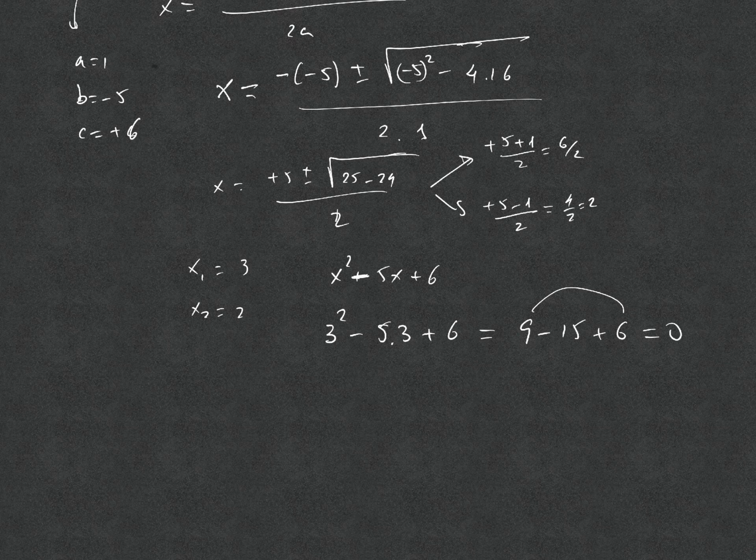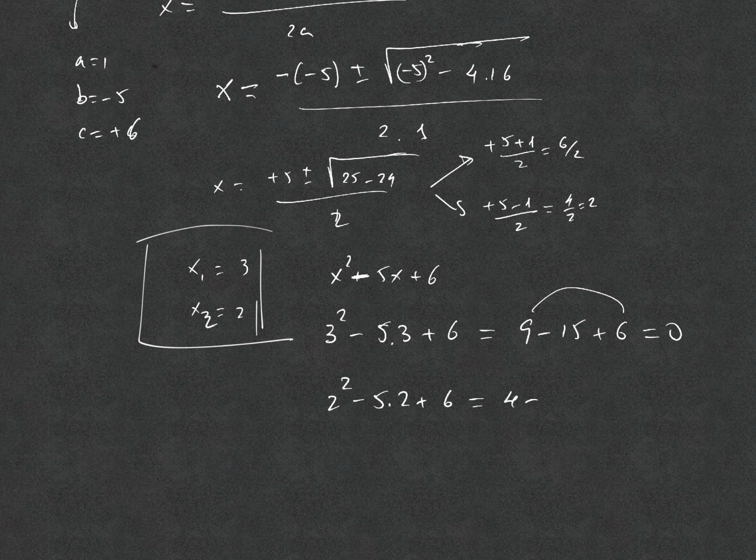If I plug in the other number, x2 equals 2, these are the two solutions, x1 and x2. If I plug in x, it will be 2 squared minus 5 by 2 plus 6. This is 4 minus 10 plus 6. 4 plus 6 is 10. 10 minus 10, 0. So I did it correctly. These are the solutions.